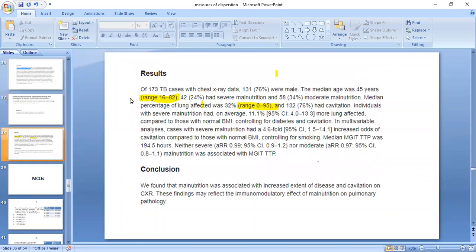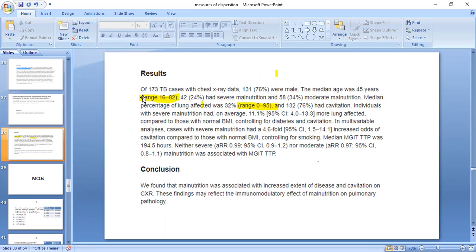The results of 173 tuberculosis cases with chest X-ray data, 131 was male. The median age was 45 years within the range of 16 to 82 years, and 42 had malnutrition and 58 have moderate malnutrition. Median percentage of lung affected was 32% within the range of 0 to 95, and 132 had cavitation.